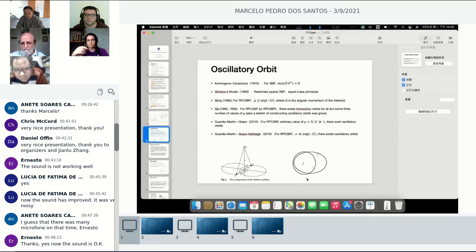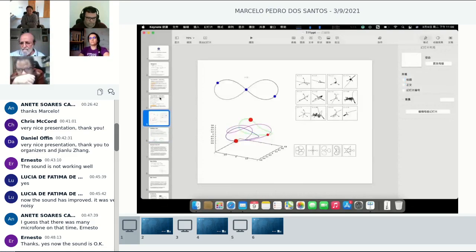For such a configuration, we proved that in a certain region of the phase space, there are always orbits sufficiently close to any regular orbit, with an asymptotic estimate here.